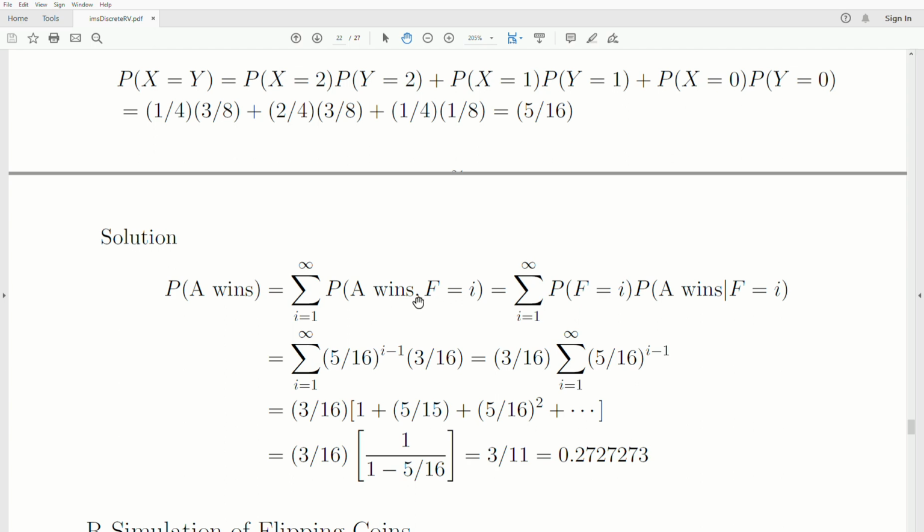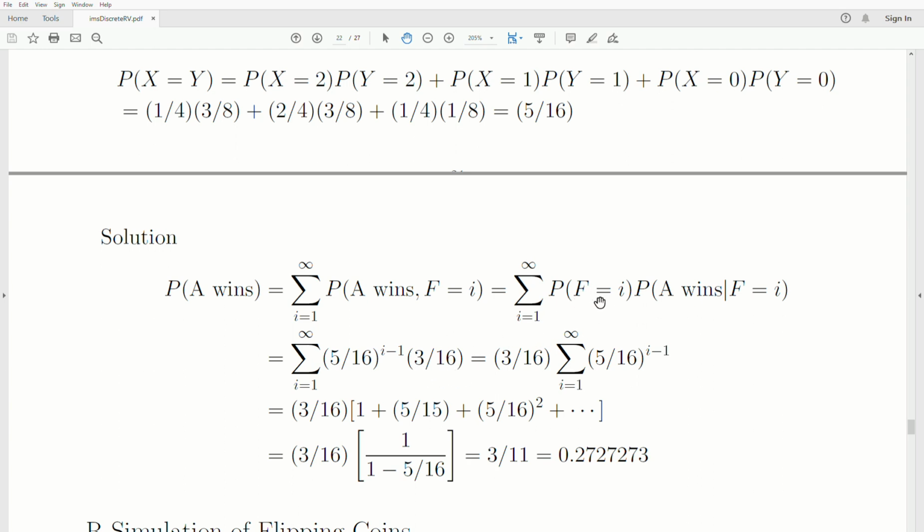But we can use conditional probability, and it's the sum from 1 to infinity of the probability that F is i, so that we're on trial i, and the probability that A wins given that F is i. But remember, on any given trial, it's the same probability. So this probability that A wins on any trial is 3/16.